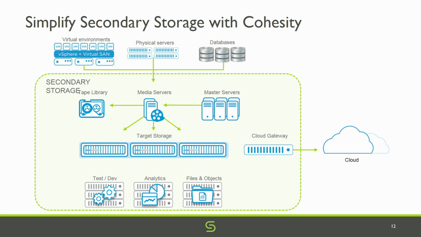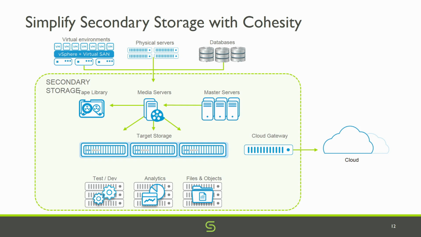And you may have a tape library for long-term retention. You may also be swapping tapes and doing tape rotations off-site. So you can see just for the backups, there's already 4 different silos. Now, if you want to send data to the cloud, you need a separate cloud gateway. That's yet another silo. And that's just for the backup piece.